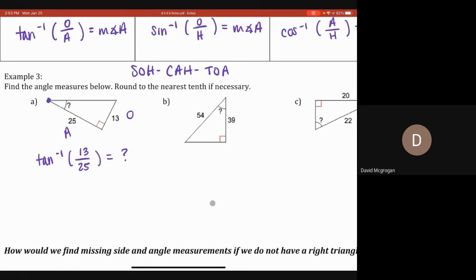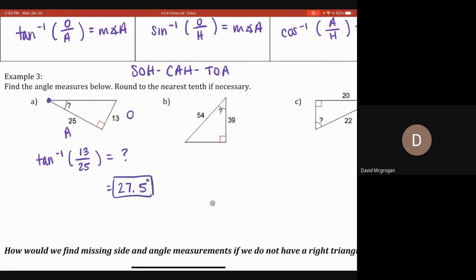So you hit second, and then tangent, and it should pop up as inverse tangent with the open parentheses, just like before. Do we see that? And then you plug in 13 divided by 25. You can close your parentheses if you want. Since you're not plugging anything else in, it's not a huge deal if you do or you don't. Hit enter, and you should get that your missing angle is 27.5. I also like to round to the nearest tenth with these.